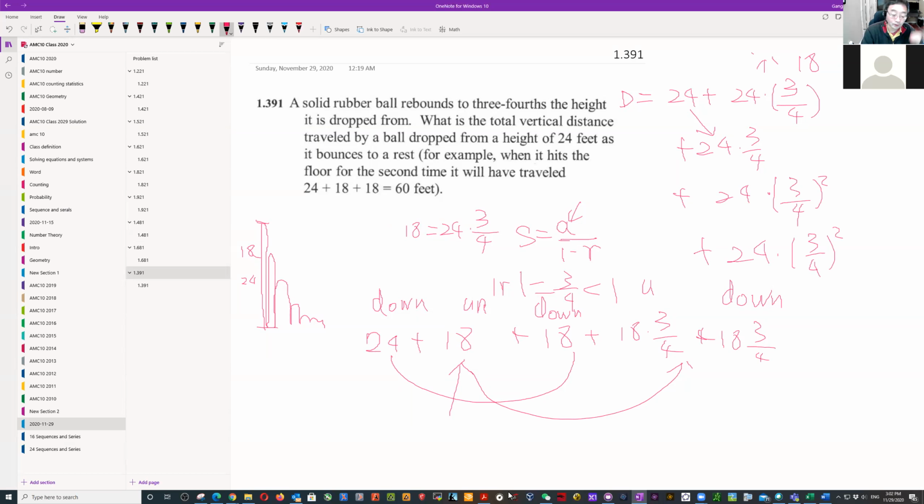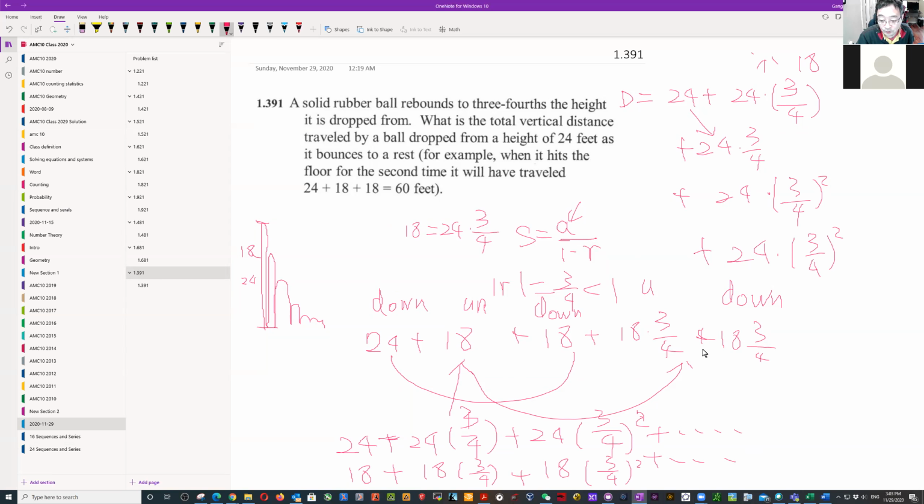Given this situation, we just calculate two series. One is 24 plus 24 multiplied by 3/4 and plus 24 multiplied by 3/4 squared, all the way to infinity. The second is 18 plus 18 times 3/4 and plus 18 times 3/4 squared, and plus all the way to infinity.